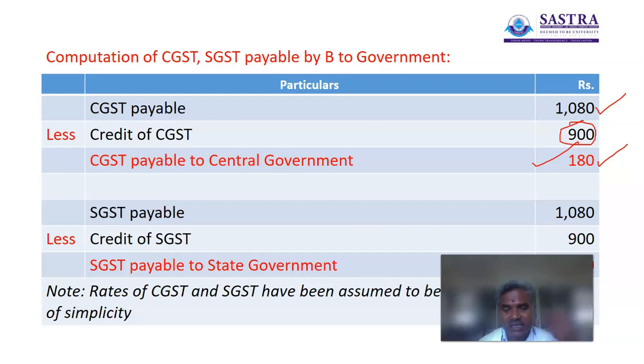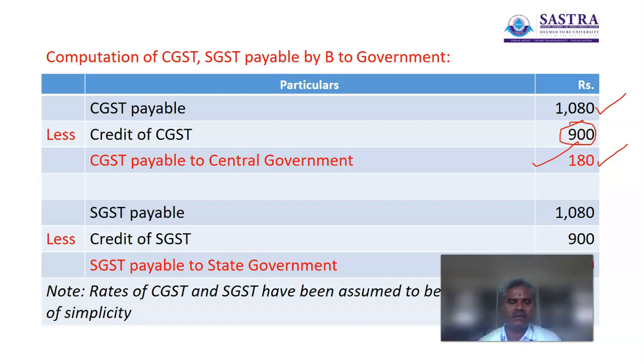The net GST payable to the government is 180, because the actual amount collected from the customer, I mean C, is 1,080. C is a customer here. He already has an ITC credit of 900. Then it has to be adjusted against 1,080. The balance 180 will be payable to the government. This is for CGST.